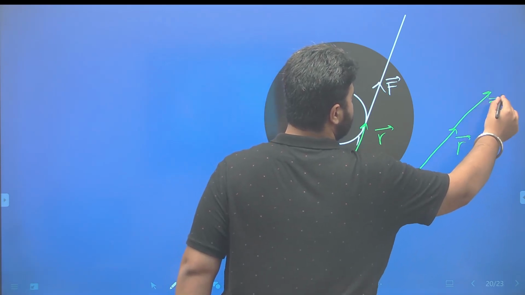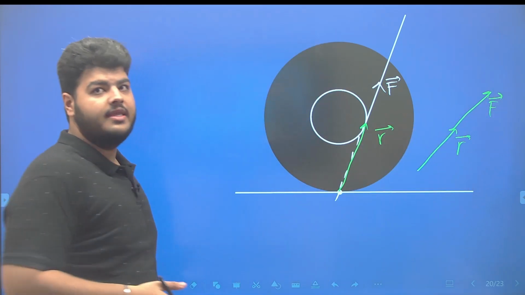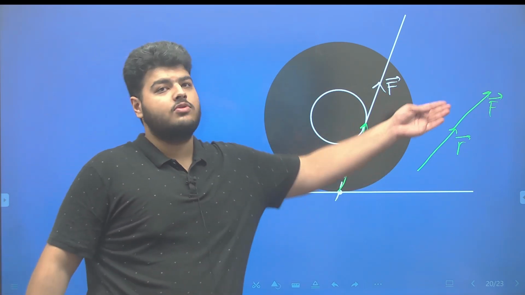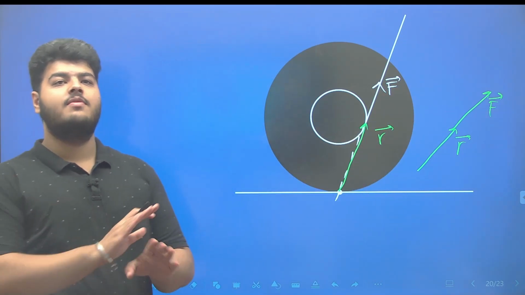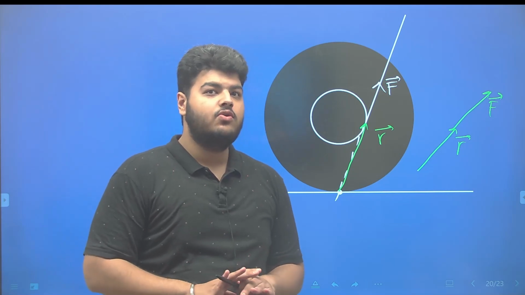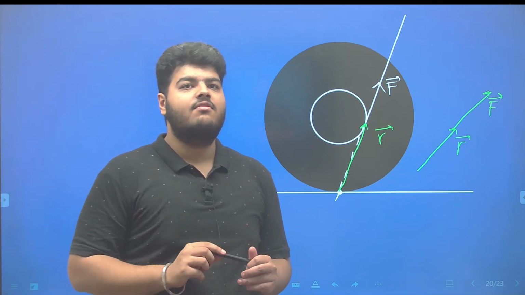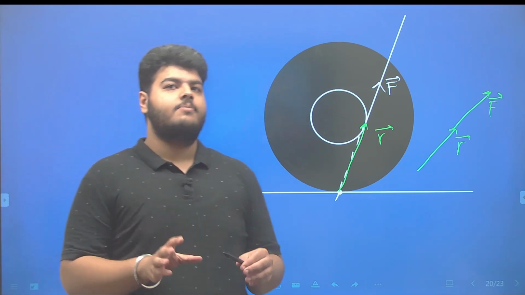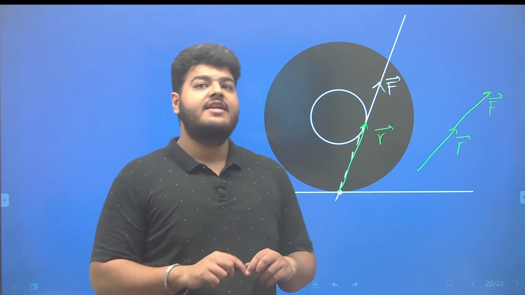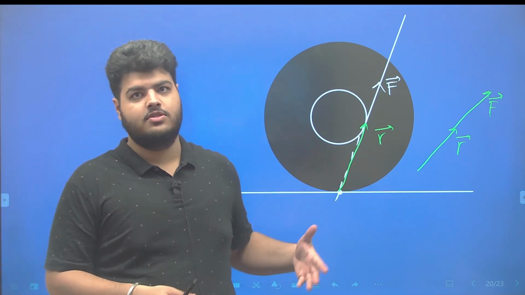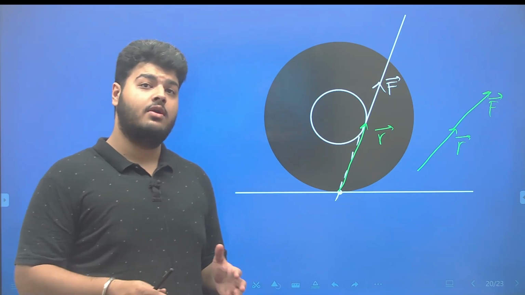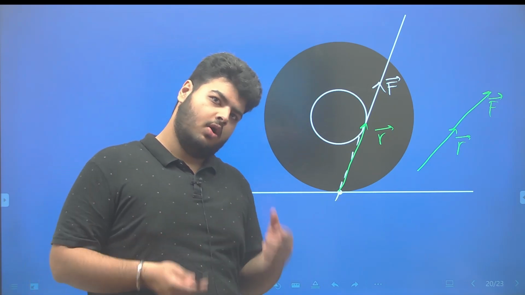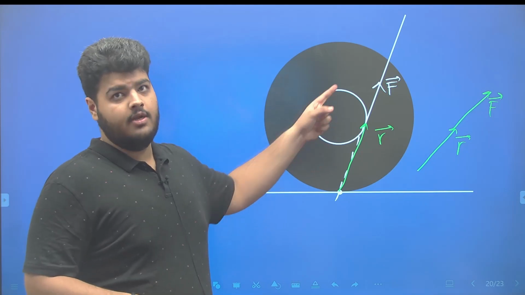If the angle between the R vector and force vector is 0, that is, they both are in the same direction, there will be no torque. If there is no torque, then there will be no rotation. So therefore the object will not rotate at all. It will translate, so it will move because the force is acting on it, but it will not rotate about this point because there is no torque acting on this object due to this force.